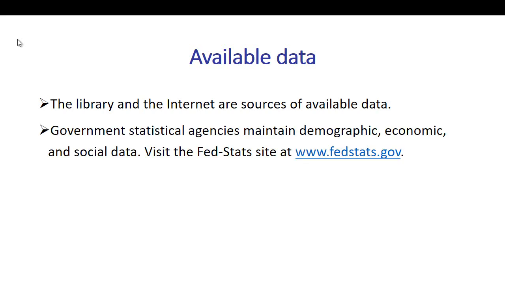If we are collecting data for answering certain questions, the first thing we want to do is look to see if the data is already available. The library and the internet are sources of available data. The government statistical agencies maintain demographic, economic, and social data. You may visit the FedStats site at fedstats.gov.